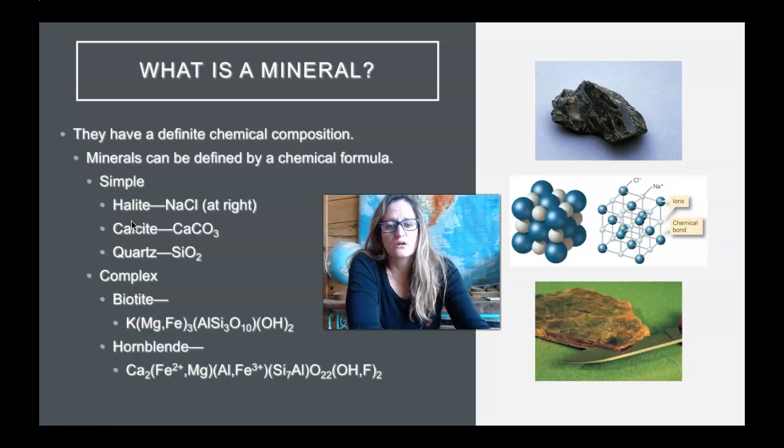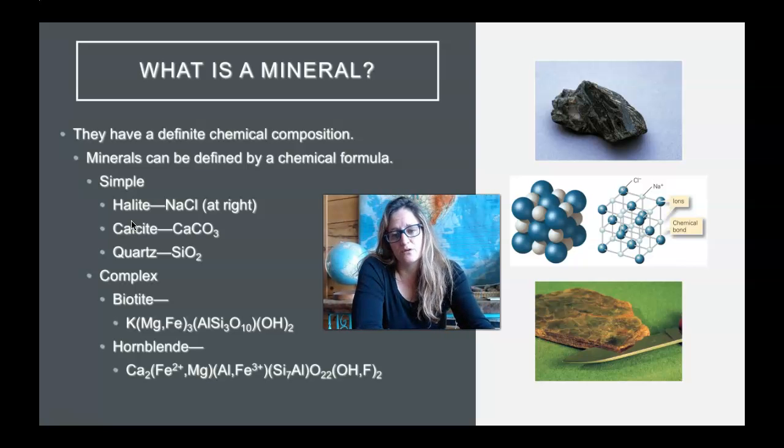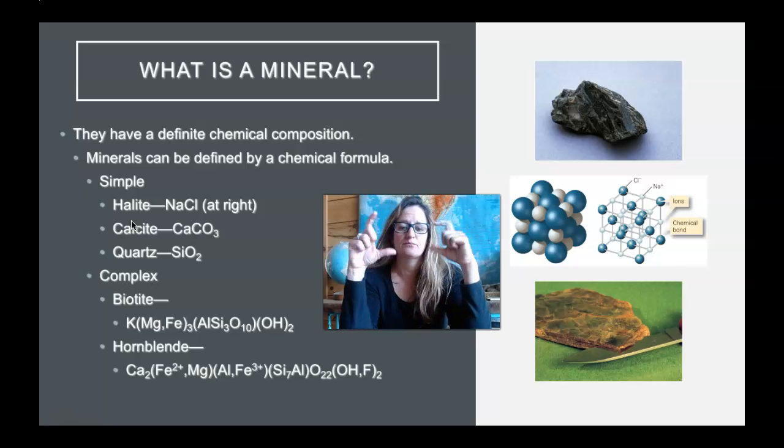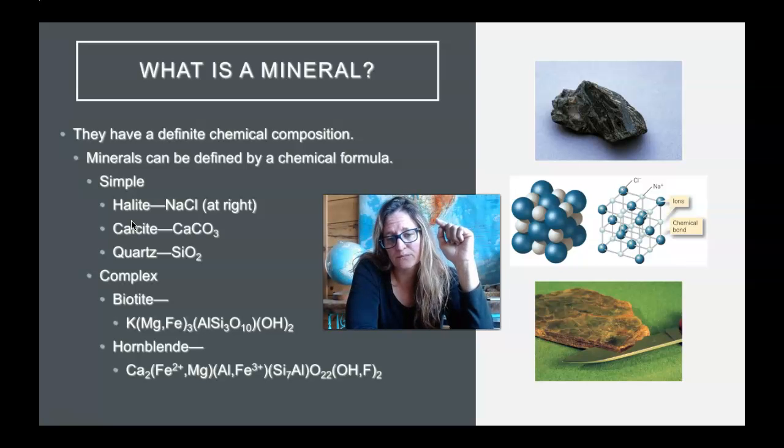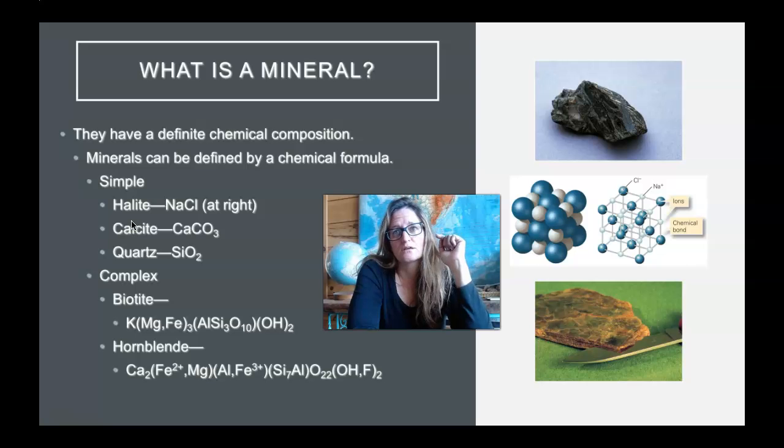There are some more complex chemical formulas like biotite and hornblende and many, many others. So for biotite and hornblende, see in parentheses, there's Mg, Fe. That means at that particular spot in the atomic array, the crystalline lattice, it can either be magnesium or iron because they're similar sizes.